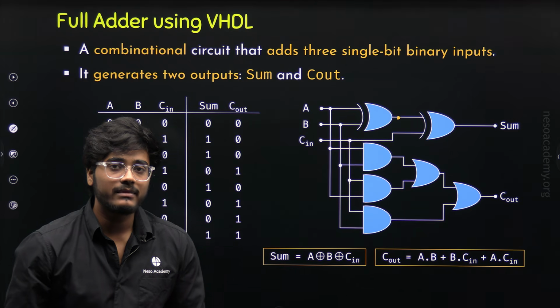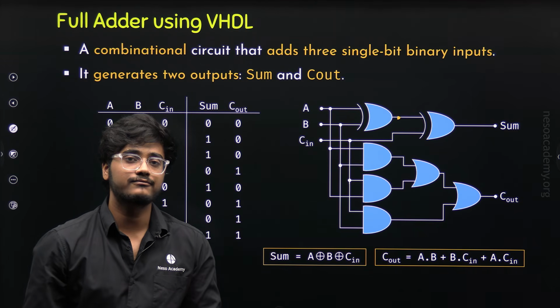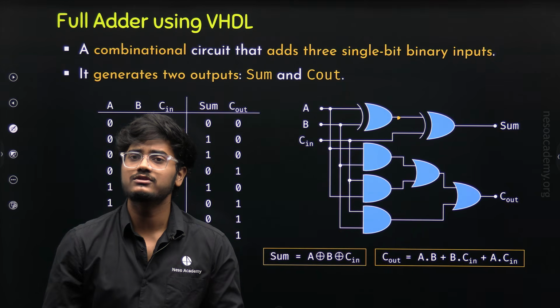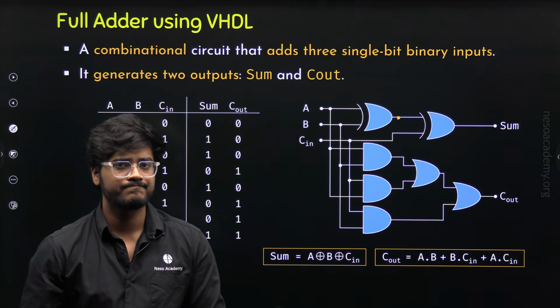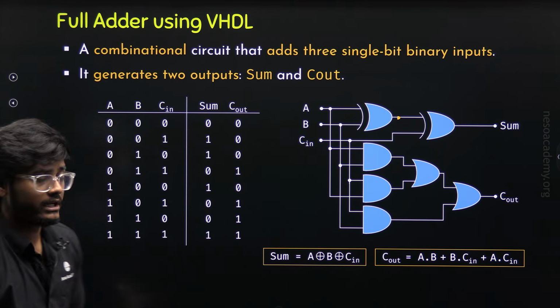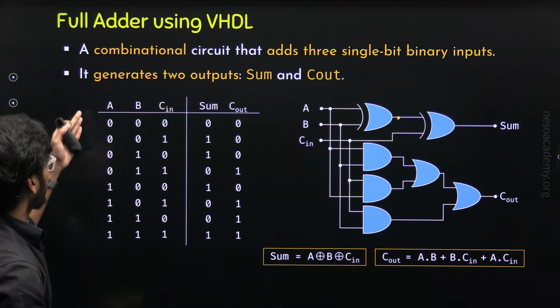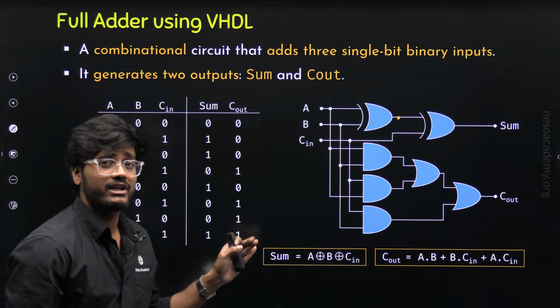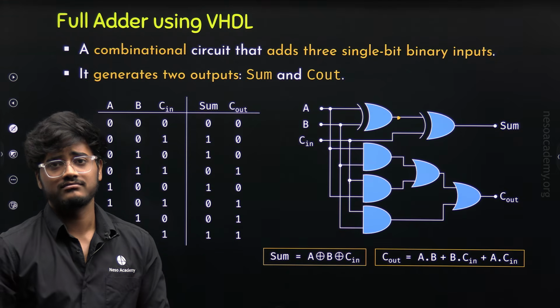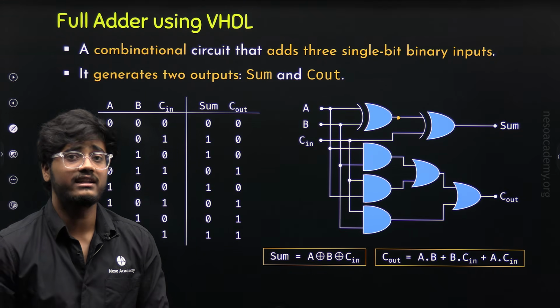Now, let's implement the full adder in Vivado. But the question is, which modeling style should we use? If we use behavioral modeling, then we need to write the 8 input combinations using if-else-if statements. That will make our code very lengthy.